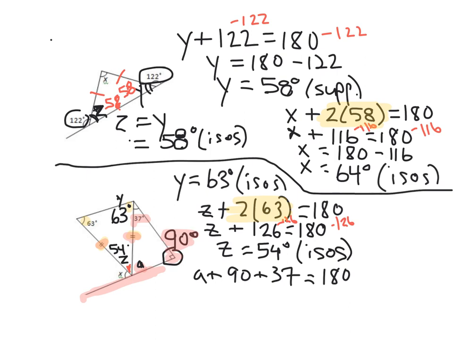I'm going to simplify first. So 90 plus 37, and 127, oh, I should have been able to do that in my head, is 180. If you're a balancer, you're going to subtract 127 from both sides. Okay, if you're an inverse, you're going to say A equals 180 minus 127.